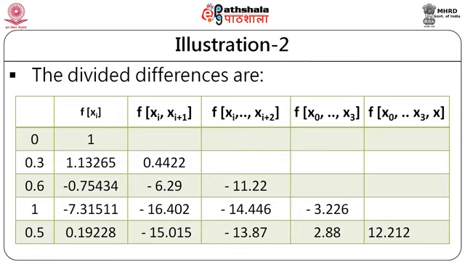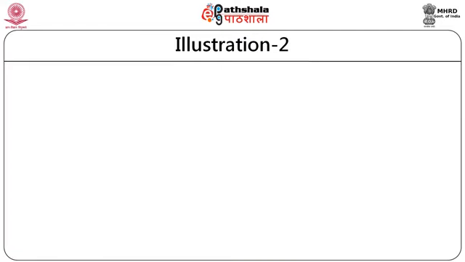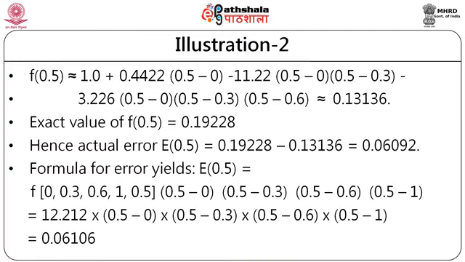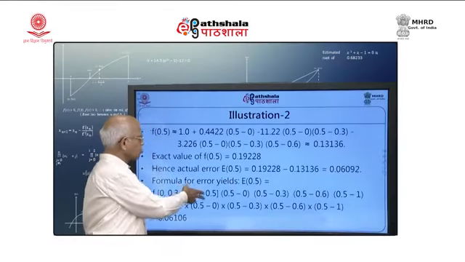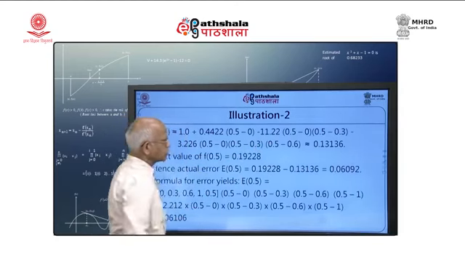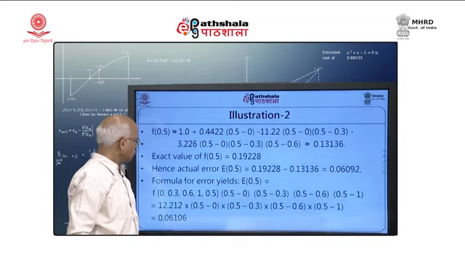So, I am getting 1.0 plus 0.4422 into (0.5), because that is my x value; so x minus x_0, x minus x_1, like that, with 11.22 and 3.226 into these 3 factors, and if you simplify you will get the value 0.13136. The exact value of f(0.5), as we already computed earlier in the table, is 0.19228, and hence the actual error we can compute as the difference of these two, and that is 0.06092.